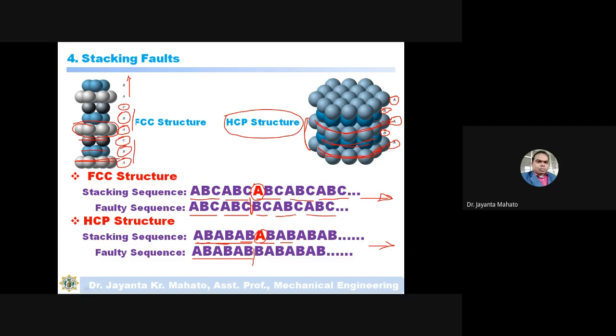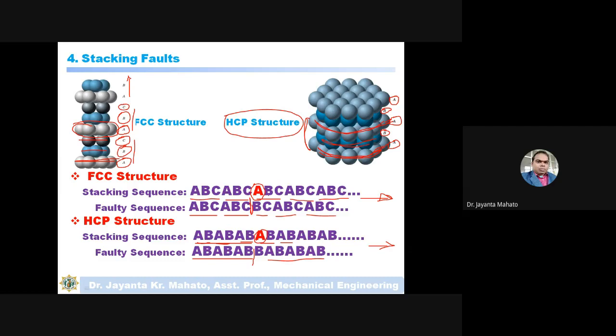And again after B the sequence remains constant. So this is the faulty sequence in the HCP structure. In this way, the stacking fault, a surface defect, forms in a crystalline solid.